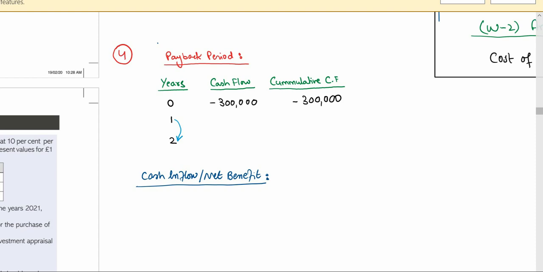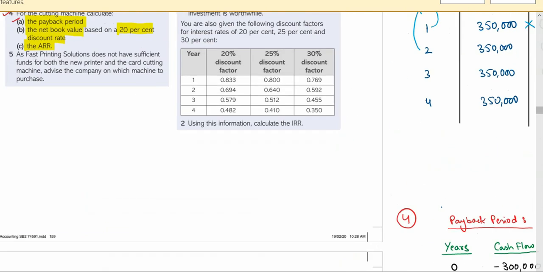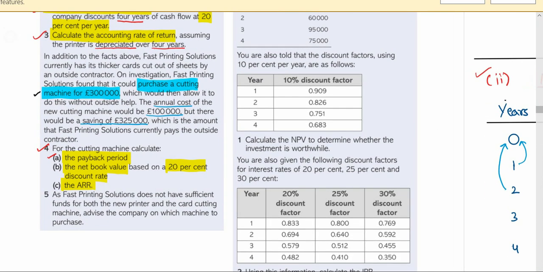So the net benefit for the card cutting machine will be, how much saving is possible? Saving is 325 and the cost is 100,000. So 325 minus 100,000, it will be the net saving, that is 225.